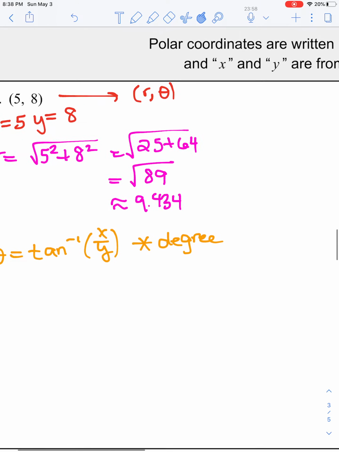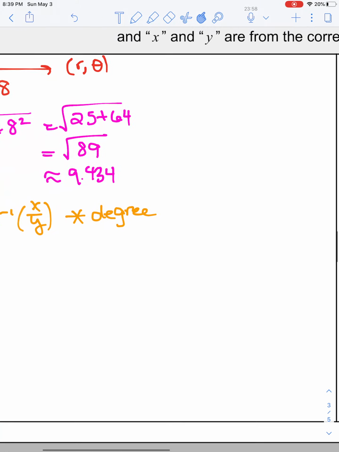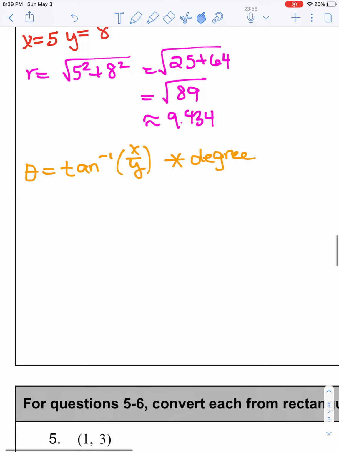And I know that I have to use degree mode because I was told up here that theta is between 0 and 360 degrees, right? I know that those are degree measurements, so anything that I'm giving my calculator needs to match up with that. So my calculator needs to be set to degrees.